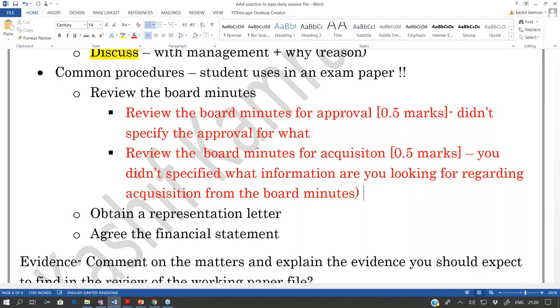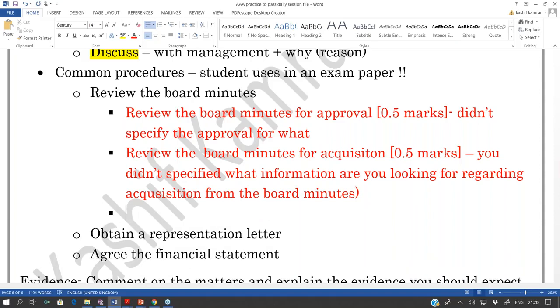When you're practicing at home ahead of your exams in March, ask yourself, have I missed something in this? The last one, when you write review the board minutes, you only write review the board minutes. That's the worst procedure, and this would score no marks at all.